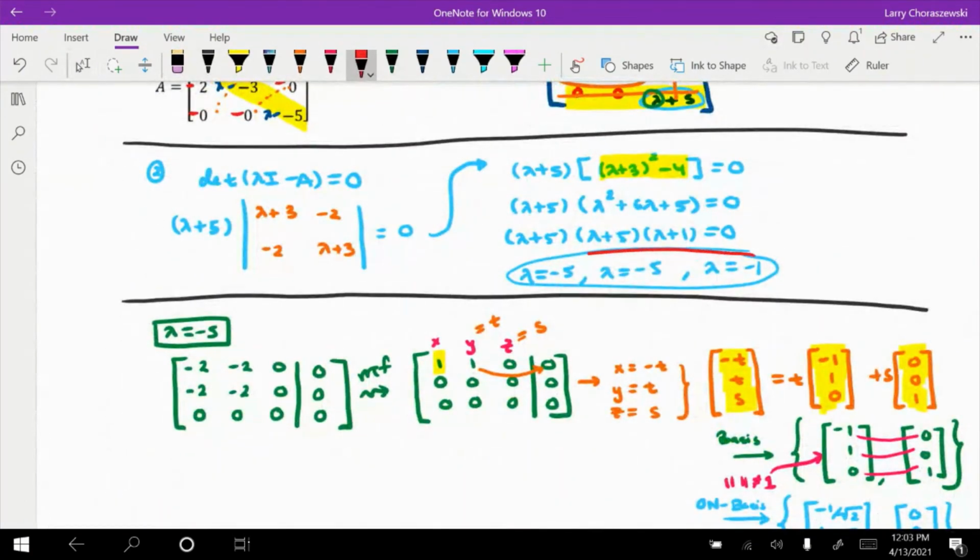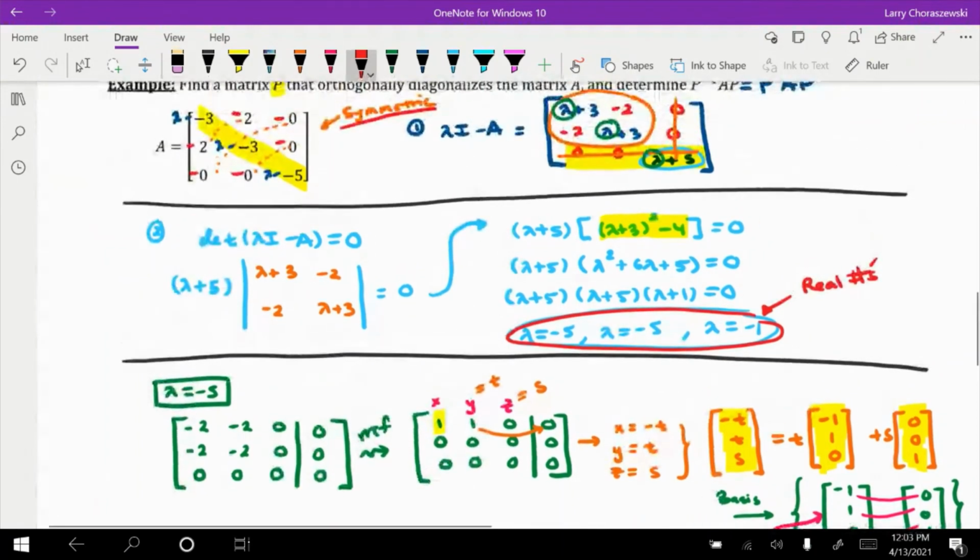Notice that all of our eigenvalues are real numbers. Now this implies that if you have a symmetric matrix and all the entries are real numbers, which we have here, it means you won't ever get imaginary answers for your characteristic polynomial.